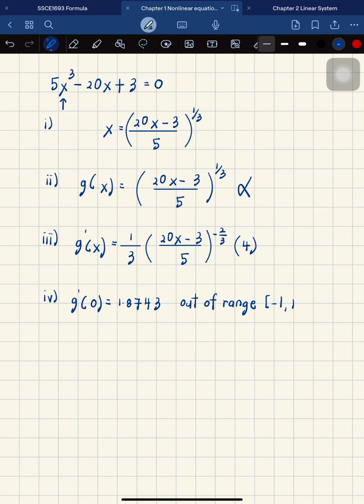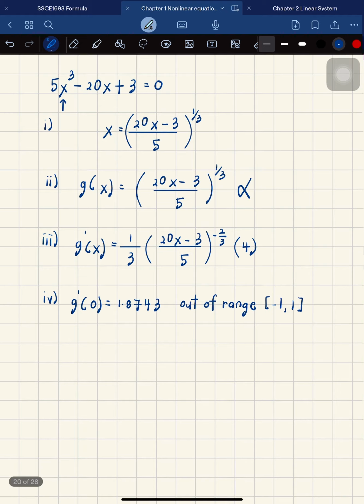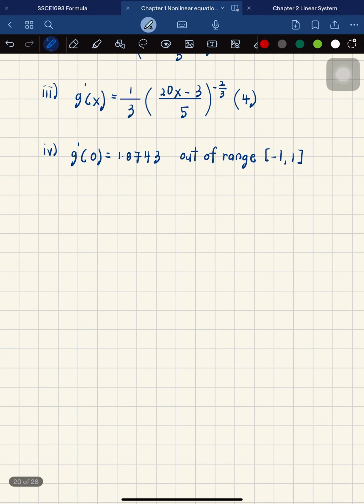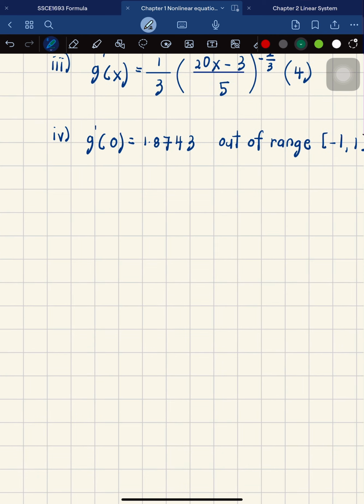Negative 1 and 1. Okay, alright, let's say another one. We have to make x the subject, and there is one more value of x that you can make the subject. So we have 5x cubed minus 20x plus 3 equal to 0.